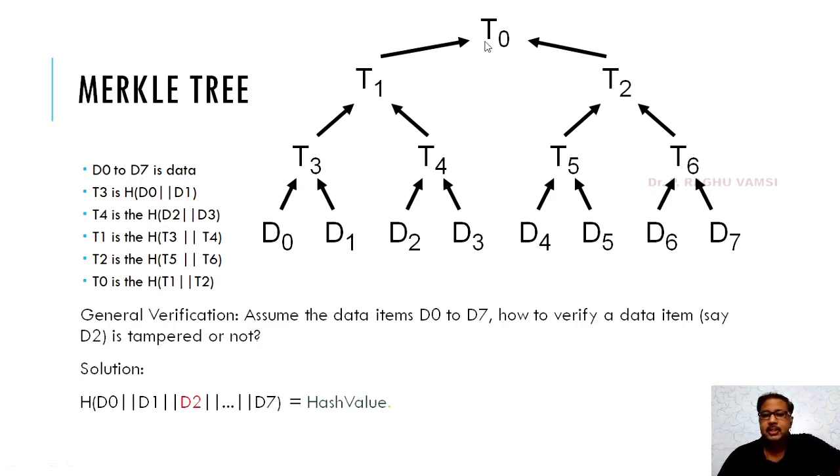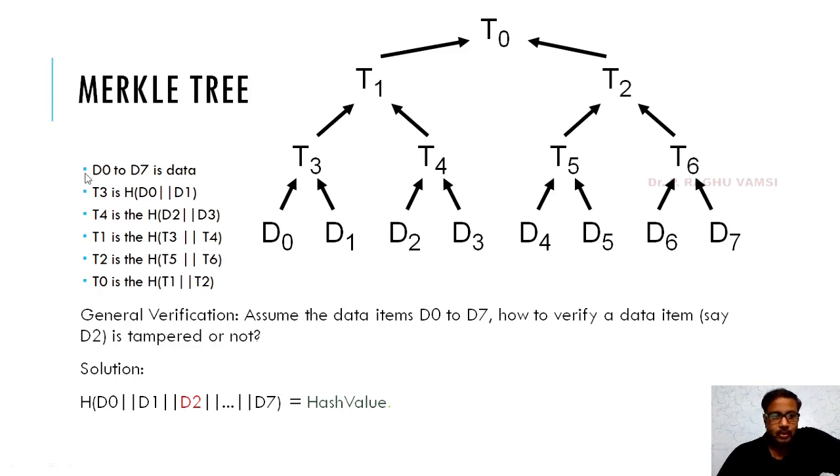The reason is every node has 0 or 2 children. D0, D1, D2, D3 and so on up to D7 have no further children, and T3 is a node having 2 children, T4 is having 2 children, T1 is having T3 and T4 as the 2 children, and T0 is having T1 and T2 as the children.